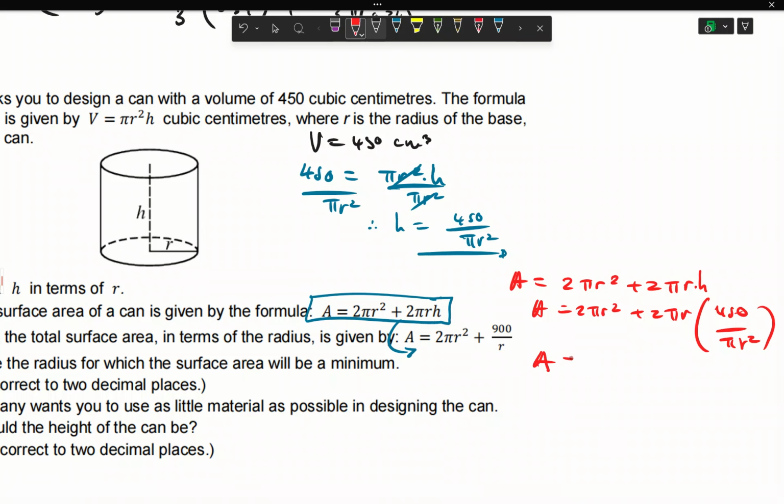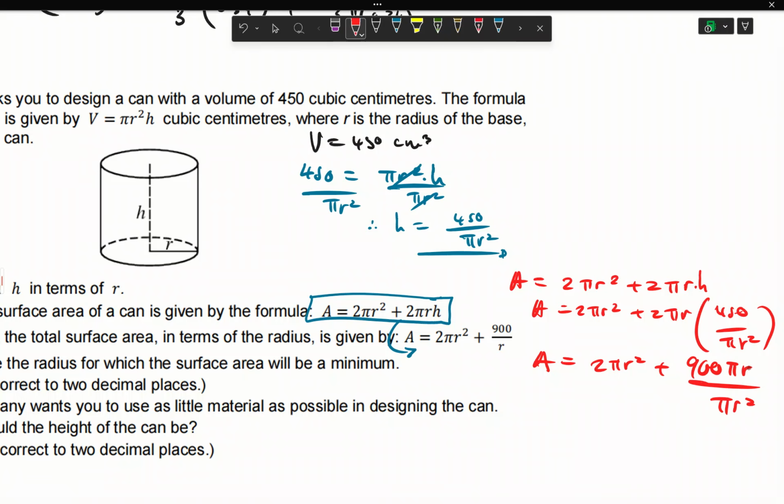So now the area is going to be 2 pi r squared and then 2 times 450 gives 900. So this is 900 pi all over pi r squared.